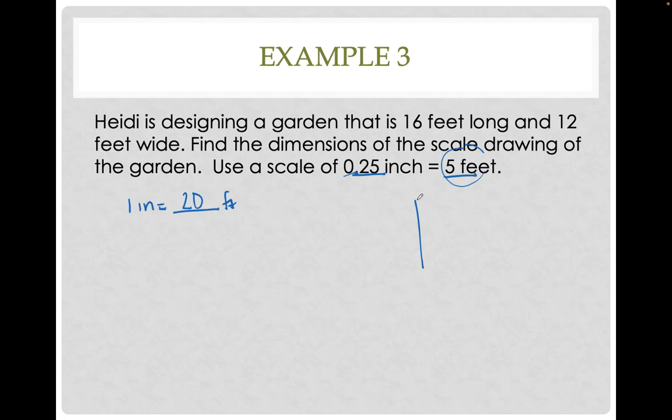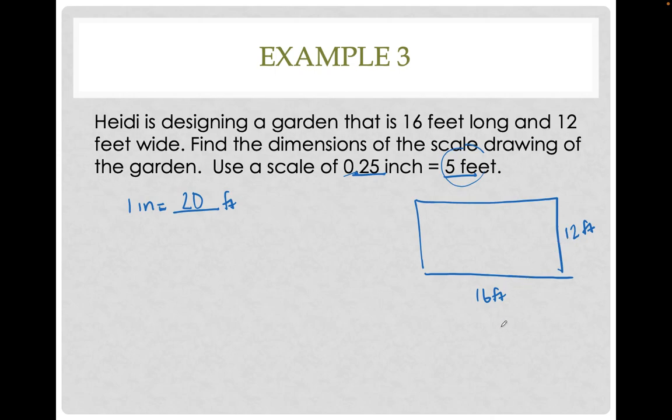Now, when we're trying to figure out our scale measurements, we know that 16 feet by 12 feet are the measurements of the real garden that she wants to draw. And if every 1 whole inch is 20 feet, you can see that neither of these are even 20 feet, so both of these are going to be less than a whole inch on her drawing.